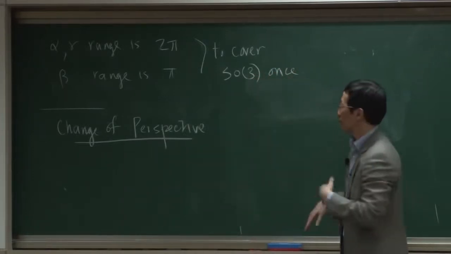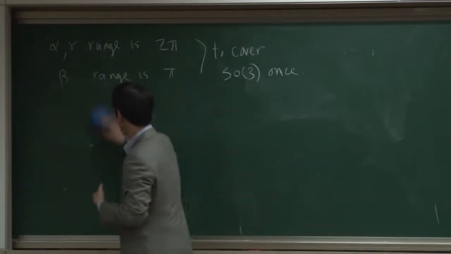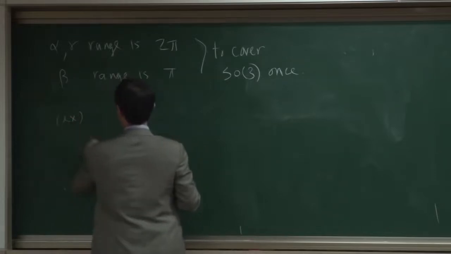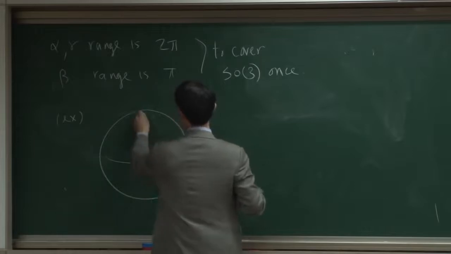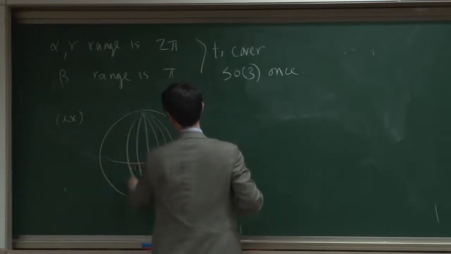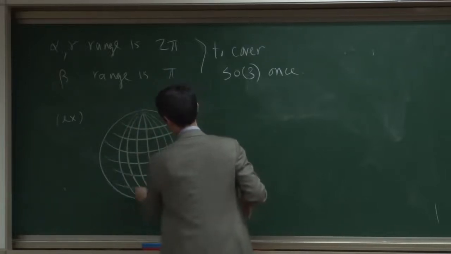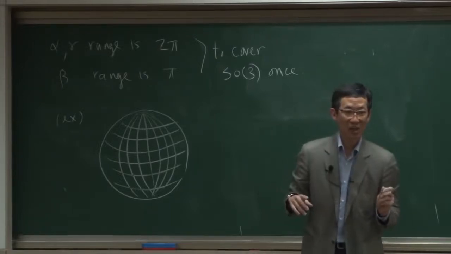So what's happening here is that if you allow beta to have a range of 2 pi, a familiar example is the globe, with latitude and longitude.